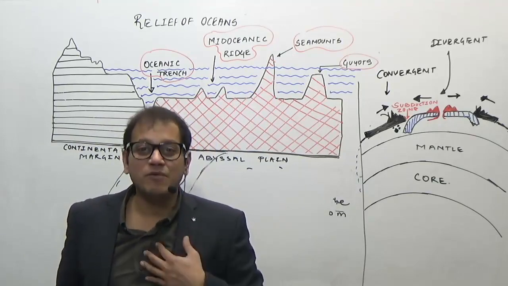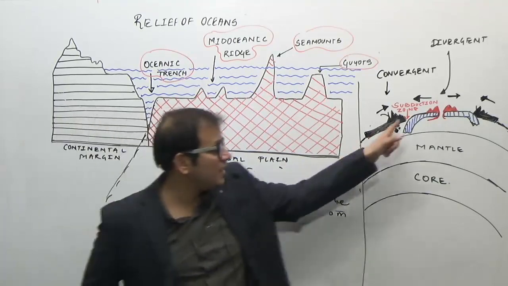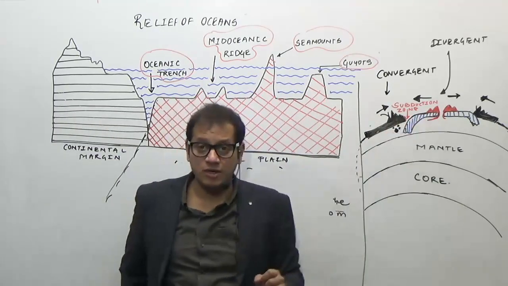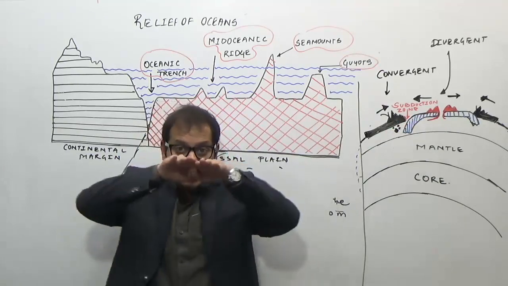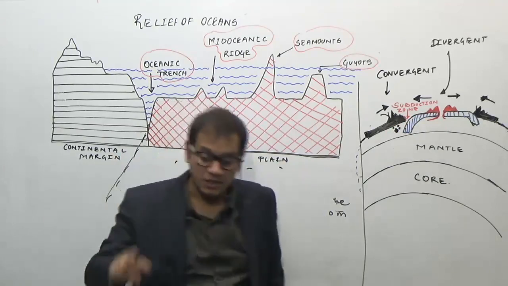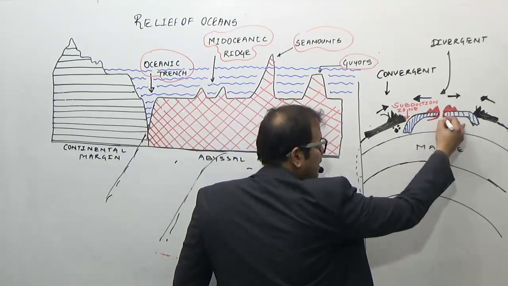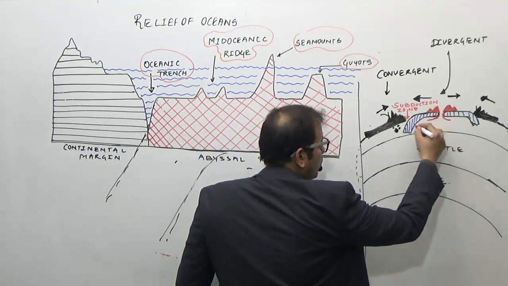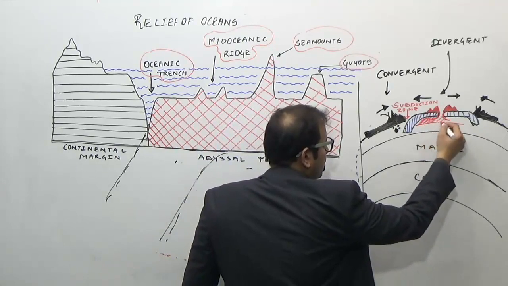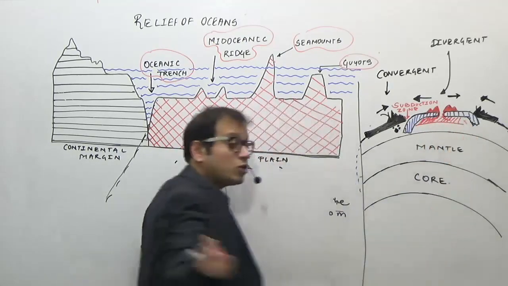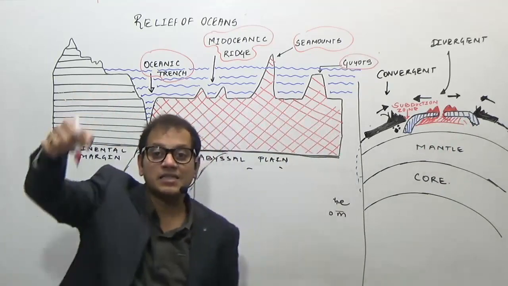At the same time, before I go and rub this diagram, at the other end, there is a divergence occurring. What do you mean by divergence is occurring? That means the two plates are going away from each other. Whenever the two plates are going away from each other, the molten rock is present in a melted or molten form inside the earth.